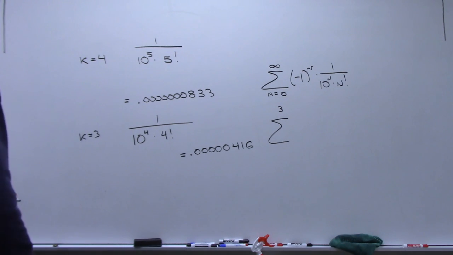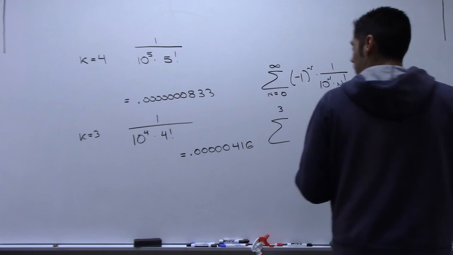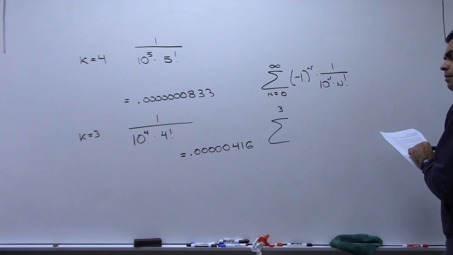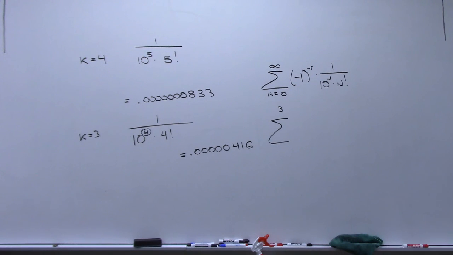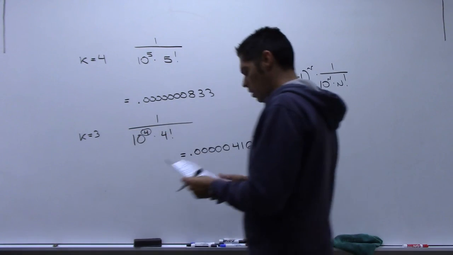So what this was saying was that if n was 4, then that one would be big enough. This would be a big enough k for this to work.